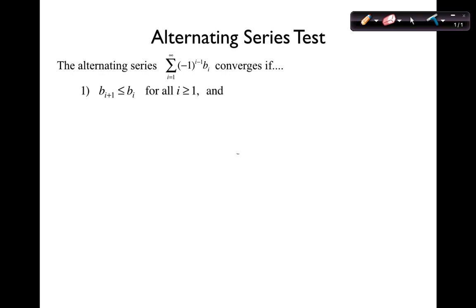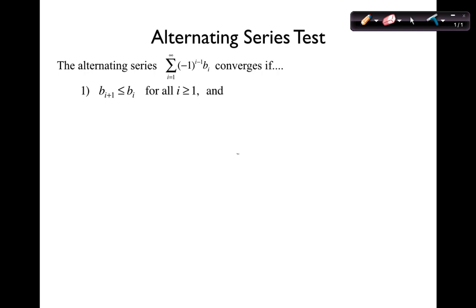What could you say about that sequence? What are those values doing? Yeah, getting smaller, right? This is a decreasing sequence. The values decrease. The next one is always less than or equal to the previous. So that's the first thing.